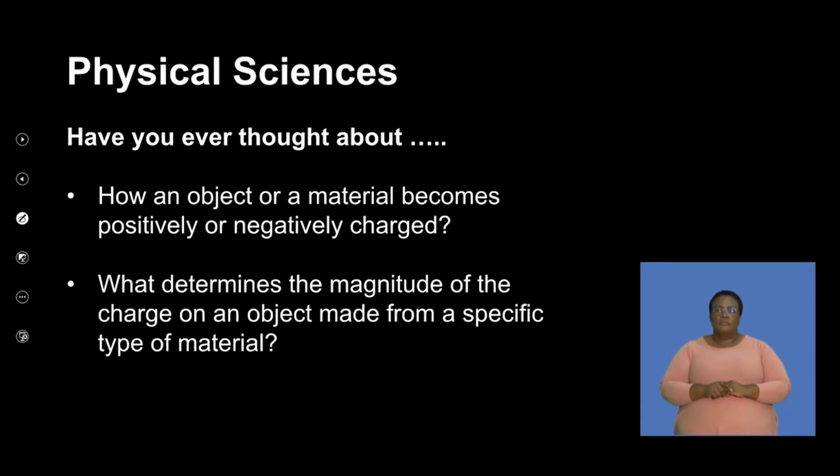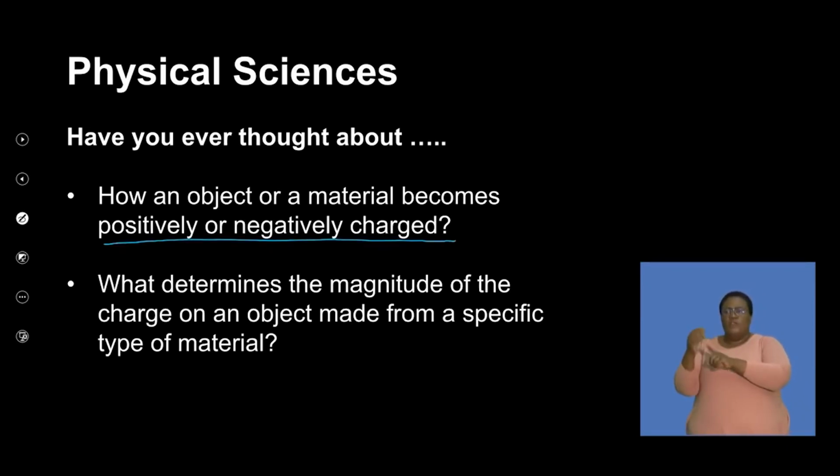Okay, right. Having said that, there's another thought that we just want to remind ourselves of. We have managed to look at how objects become negatively or positively charged. We're fine with that. Now, what exactly determines the charge on a material?